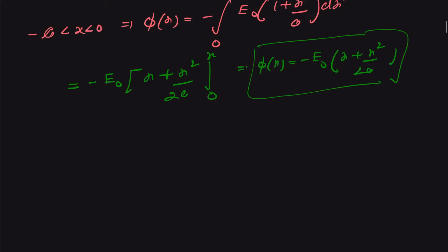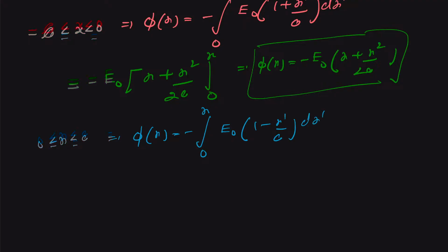And similarly for our other part also, so we have our x is greater than 0 but less than or equal to a. So from here you get our potential will be minus, and this is our 0 to x, and we have our E naught 1 minus x prime upon a and dx prime.